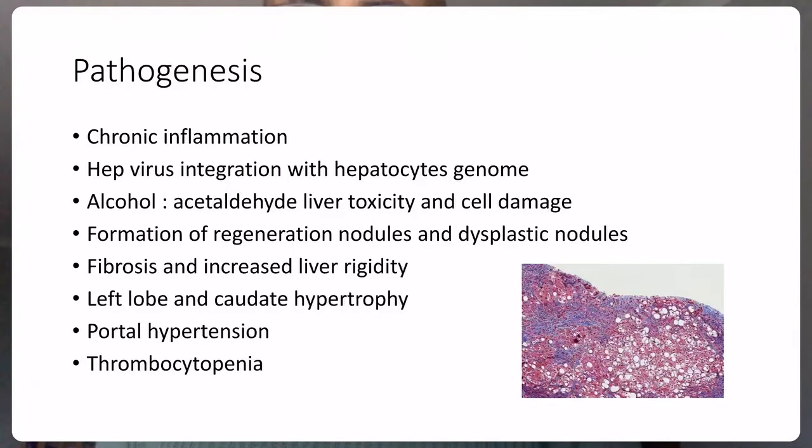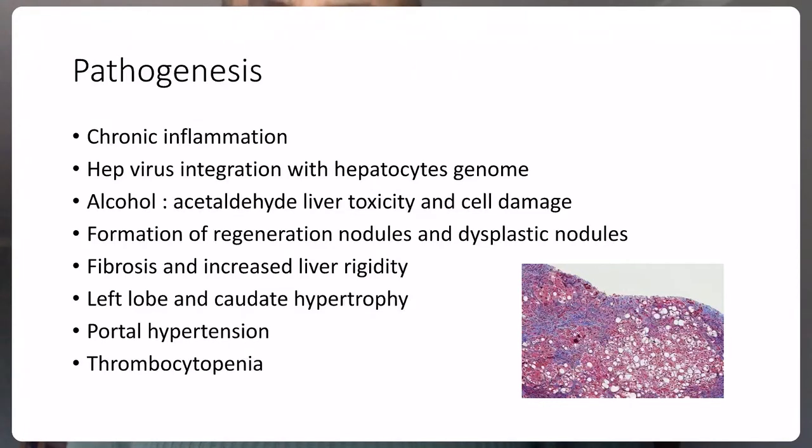Alcohol, we know it gets metabolized to acetaldehyde, and acetaldehyde is toxic to the liver cells and has a damaging effect on individual hepatocytes, and this will lead to activation of the regenerative process and the inflammation and the fibrosis.